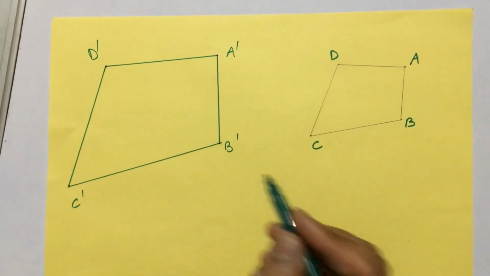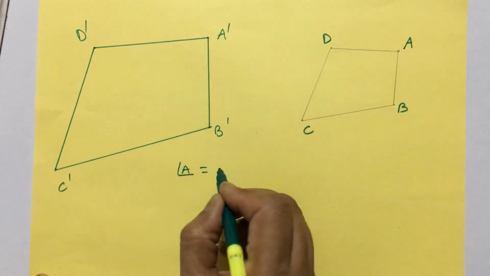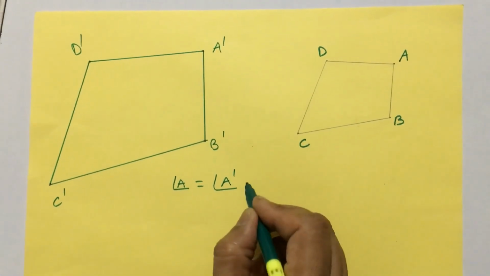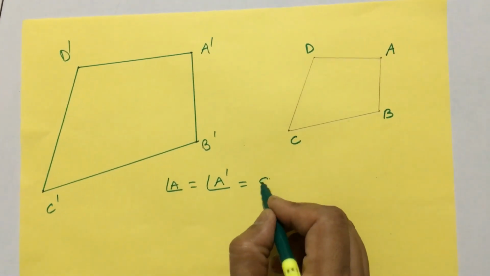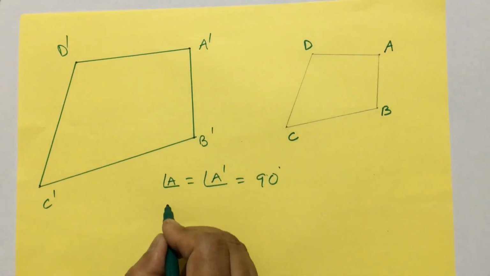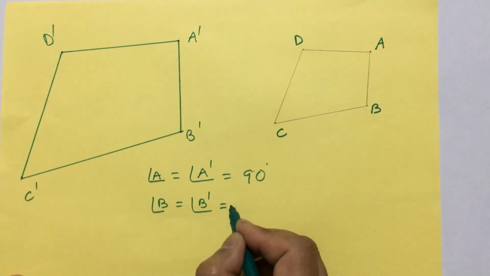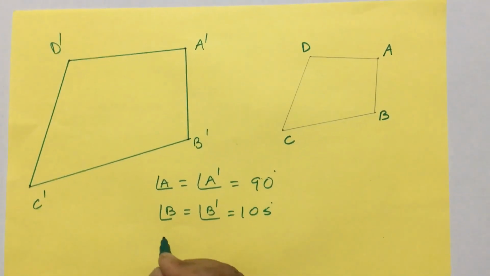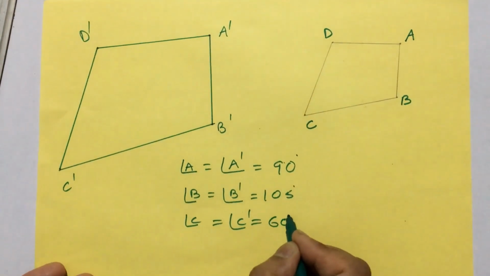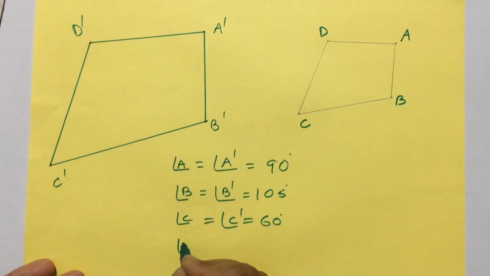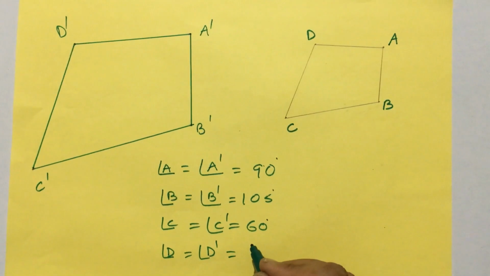After measuring, we are going to observe that angle A and angle A dash are nothing but 90 degrees, angle B and angle B dash are 105 degrees, angle C and angle C dash are 60 degrees, and angle D and angle D dash are 105 degrees.